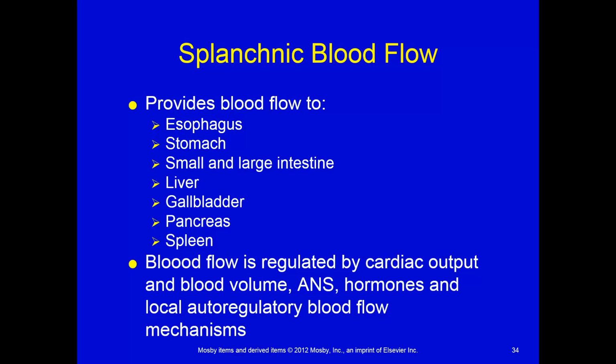Okay? That's the blood flow that flows to all of the organs of the GI system, and then takes that blood back from the GI system up to the heart.